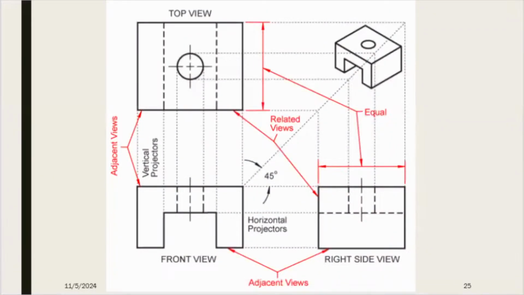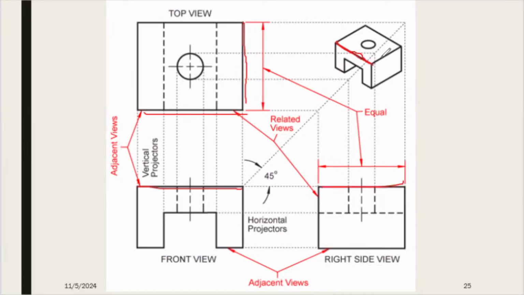Okay, so now our drawing is finished. These are the adjacent views. That means in here, this is the same length. Taking the object, the same length is drawn in the top view and the front view. And this is also an adjacent line, see?